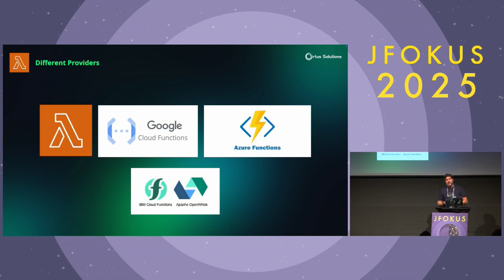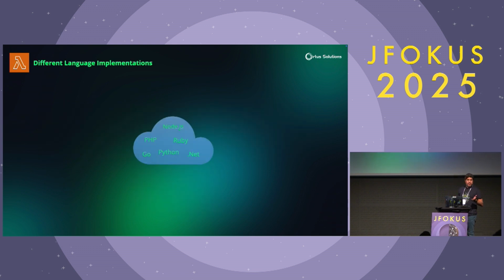Like I mentioned, there are different providers. There is AWS Lambda, which I'm going to be showcasing. There's also Google Cloud Functions, Azure Functions. There are projects by IBM, Cloud Functions, and OpenWhisk. But today, we're mostly focusing on Lambdas, even though some of the code that I'll show you at the end and the runtime that we're working on can work for all of these eventually without you doing any code changes, which is the implementations portion.